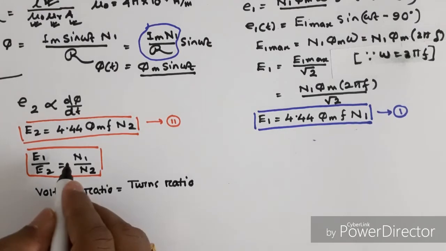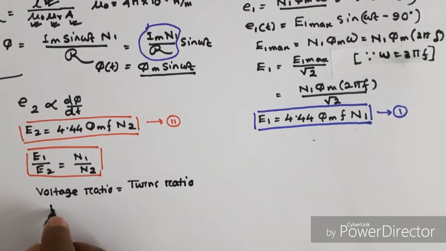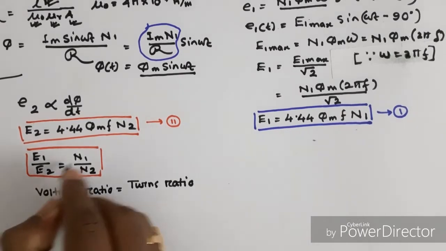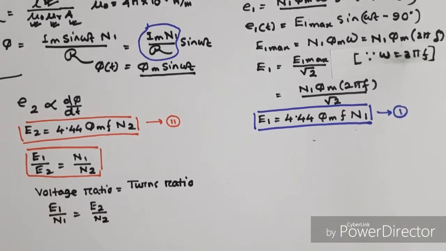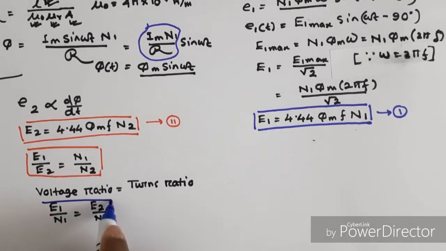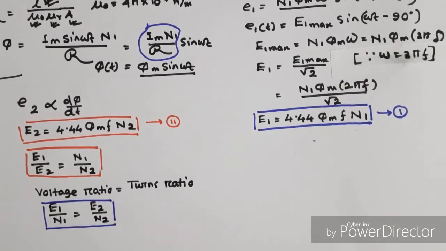Again, we can write down E1 by N1 equal to E2 by N2. This is the EMF per turn of primary equal to EMF per turn of secondary.